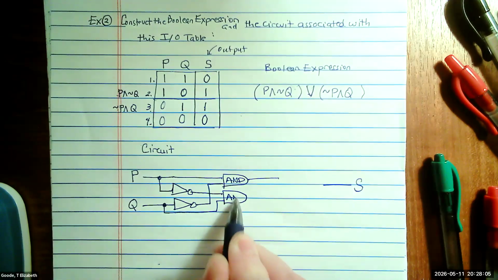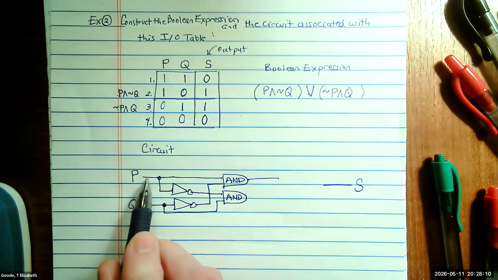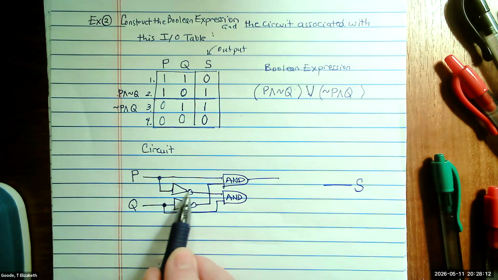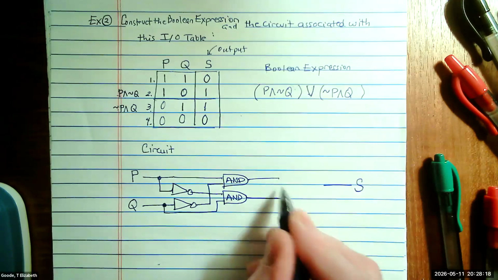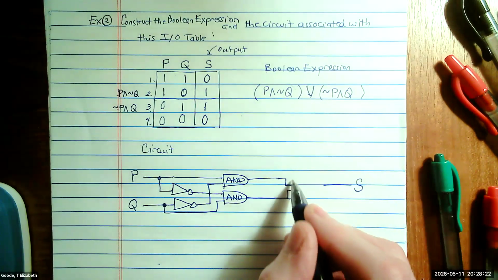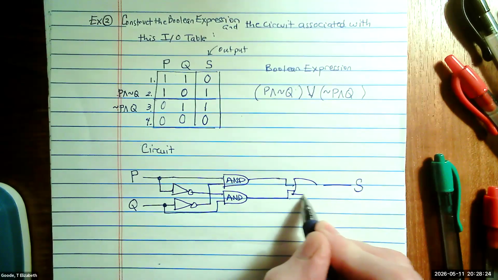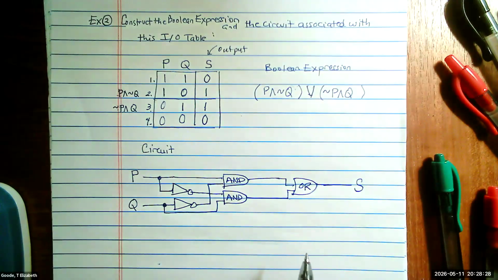And this AND gate is going to light up when P is cold because this wire will then be hot coming in, and of course when Q is hot. And then these get connected with an OR gate because the OR is the last gate. That's the other beauty of disjunctive normal form. You can kind of line your gates up.